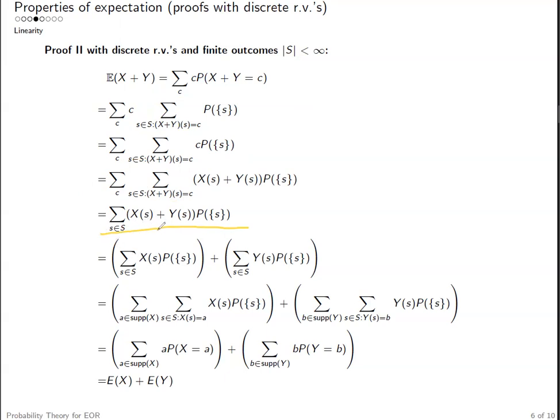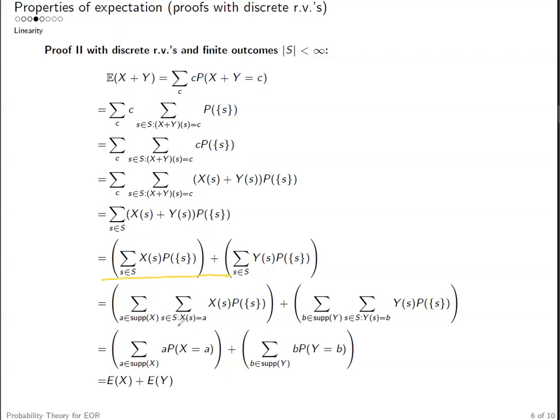Next, let's decompose the summation into two parts. The first part is x(s) times the probability of this event containing only one outcome, and y(s) multiplies exactly the same probability values. Now for the first term, let's regroup those outcomes.